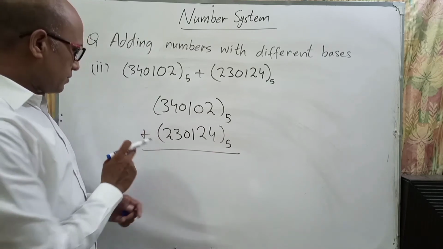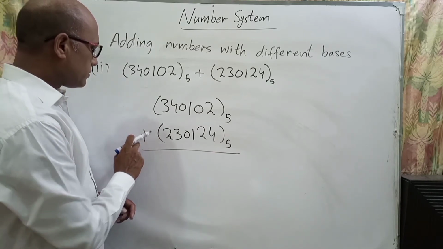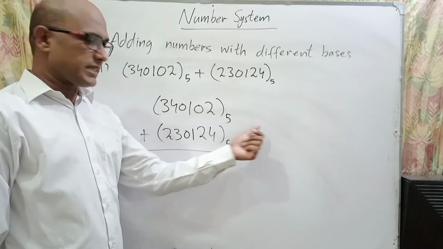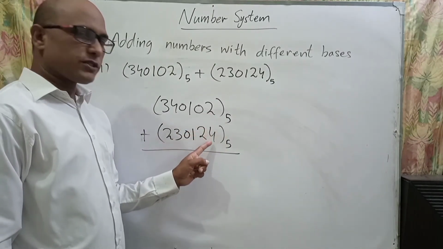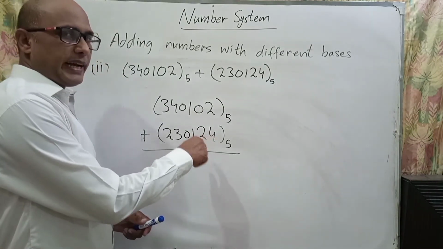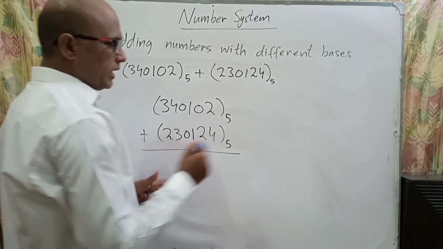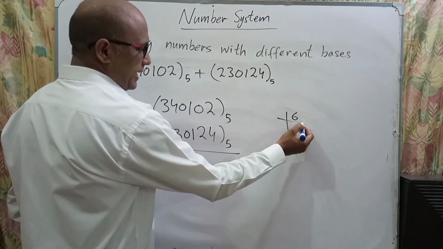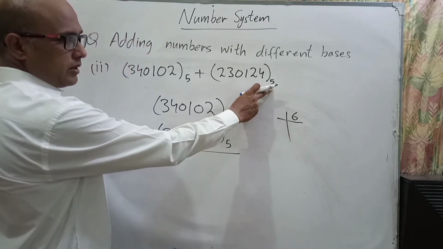So let's add them, students. First of all, starting from the right hand side, 2 plus 4 is 6. Because it is greater than 5, we will find its LCM. Divide it with the base number.